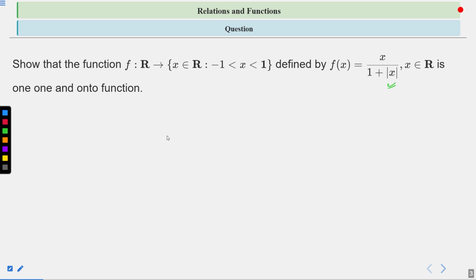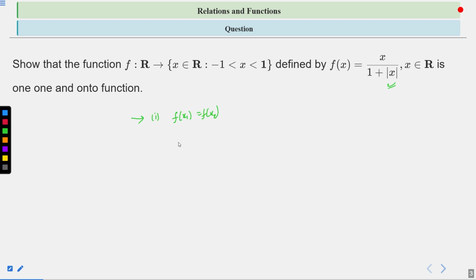So what are the conditions for a function to be bijective? We all know that for a bijection, the function must be both 1-1 and onto. First we have to check 1-1. So how will we approach? For 1-1, suppose f of x1 is equal to f of x2.